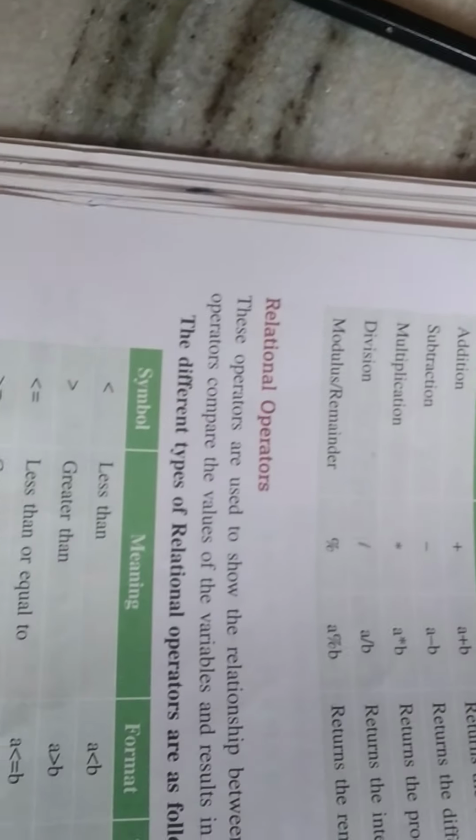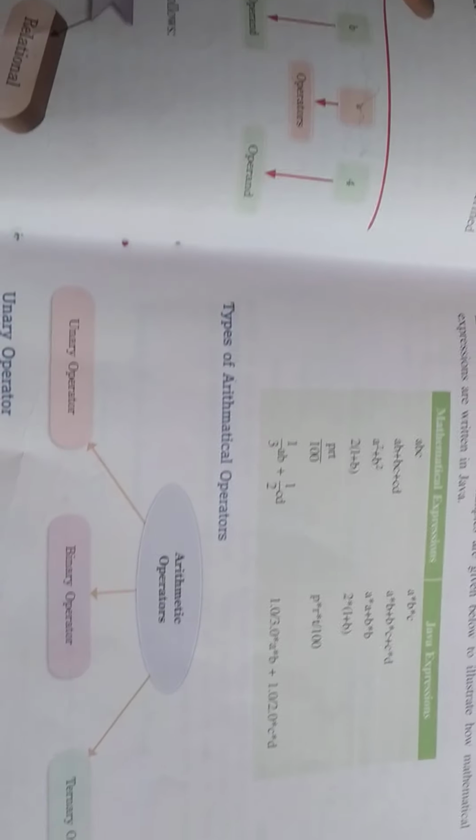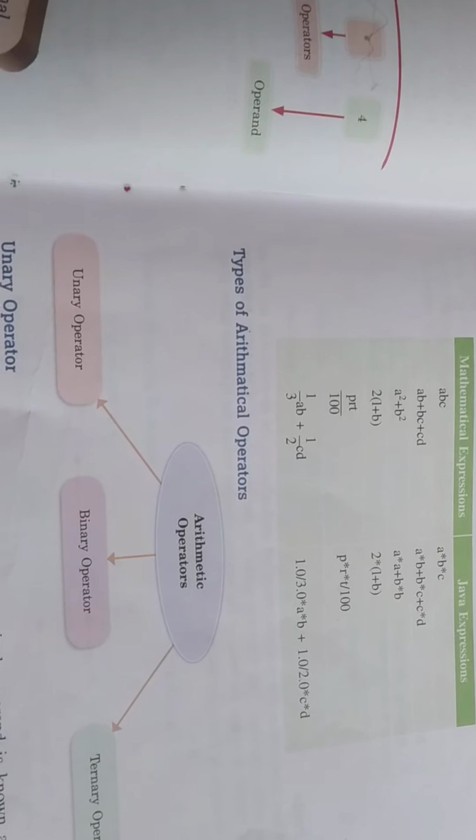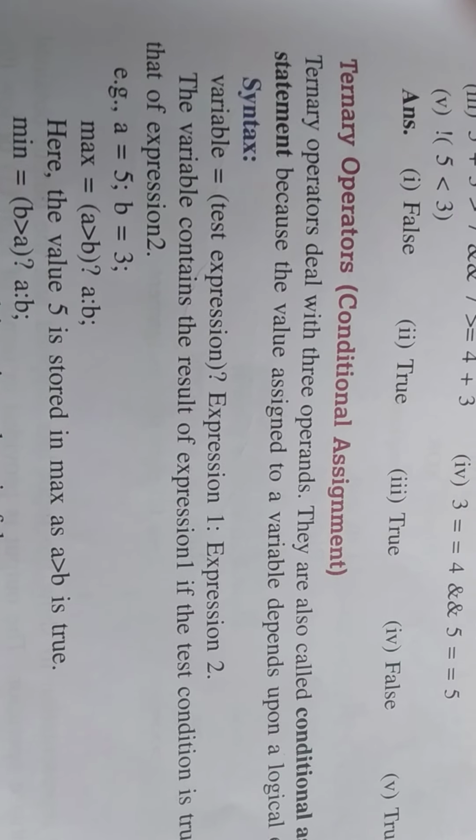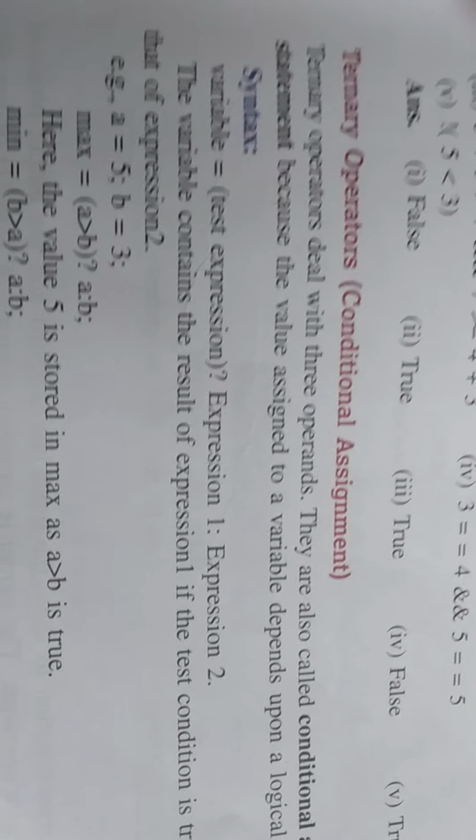Okay, now comes, we had the arithmetic operator as unary, binary and ternary. So now let's see what is the ternary operator. Do you know what a ternary operator is? Ternary is nothing but it requires three variables.